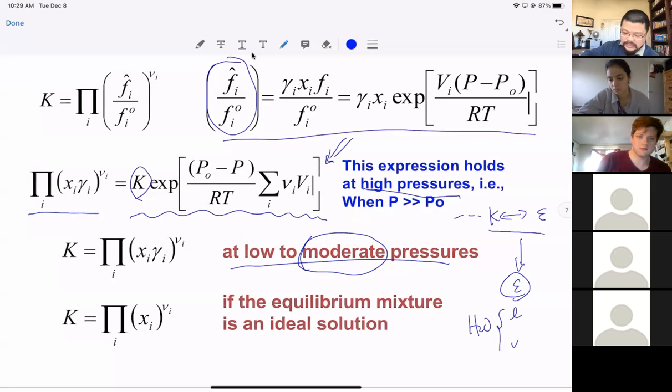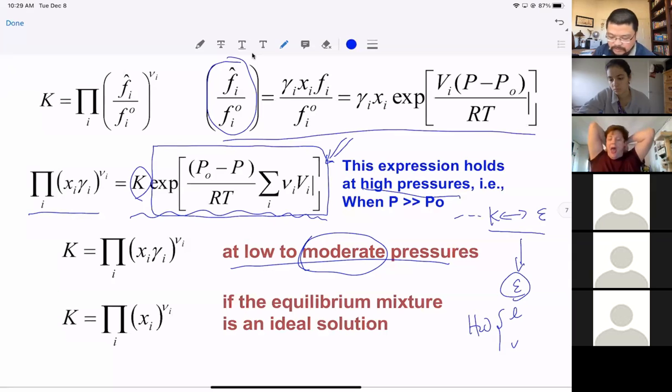So that is also what we discussed in the viscosity calculation. If that is a moderate pressure, then this exponential term is very close to 1. So that is why on the right-hand side, we are going to have capital K.